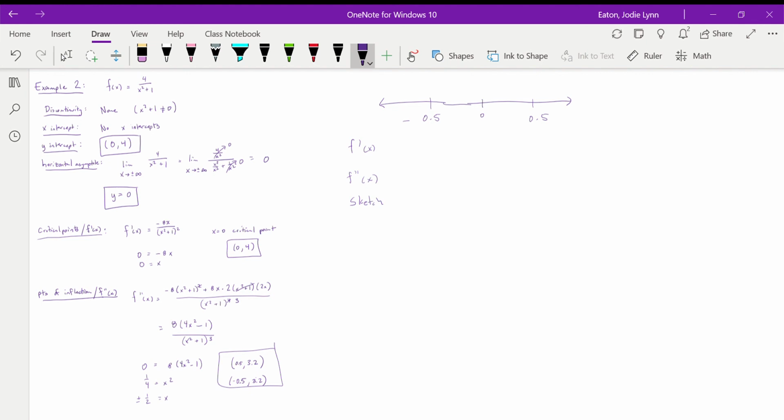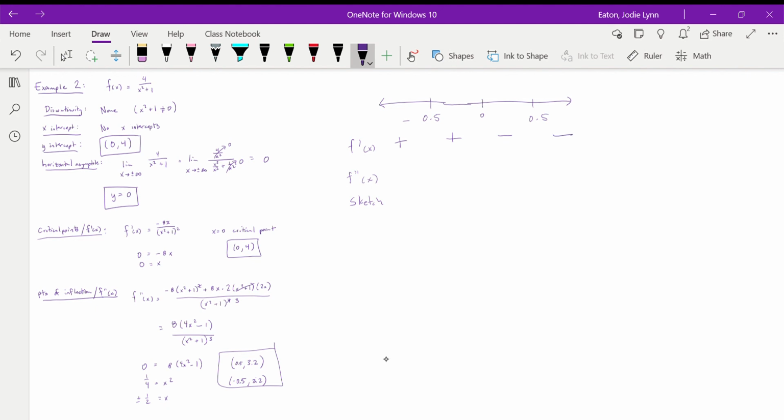Okay, so f prime of x, when we're smaller than negative 1/2, let's look at perhaps negative 1. F prime of x, if we have a negative 1, is going to be a positive numerator, so it's going to be positive. Okay, so it's increasing. When we switch to being between negative 0.5 and 0, we're still going to have a positive number in the numerator, so we will remain positive. When we cross 0, we're going to start to have a negative number in the numerator.